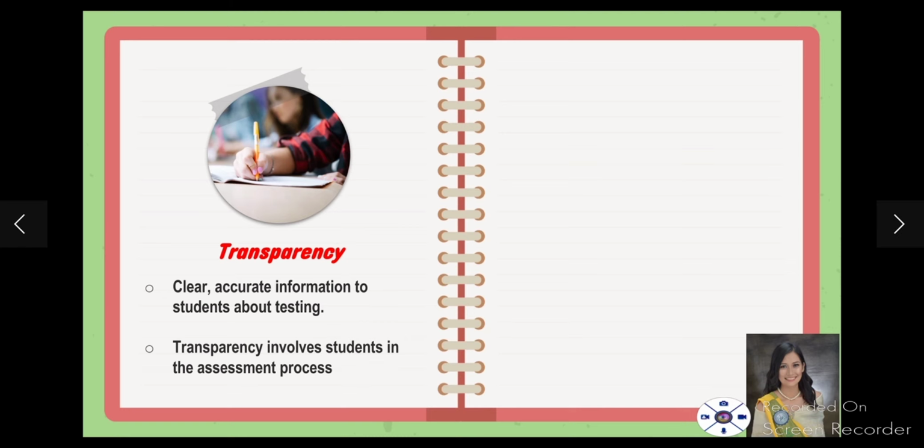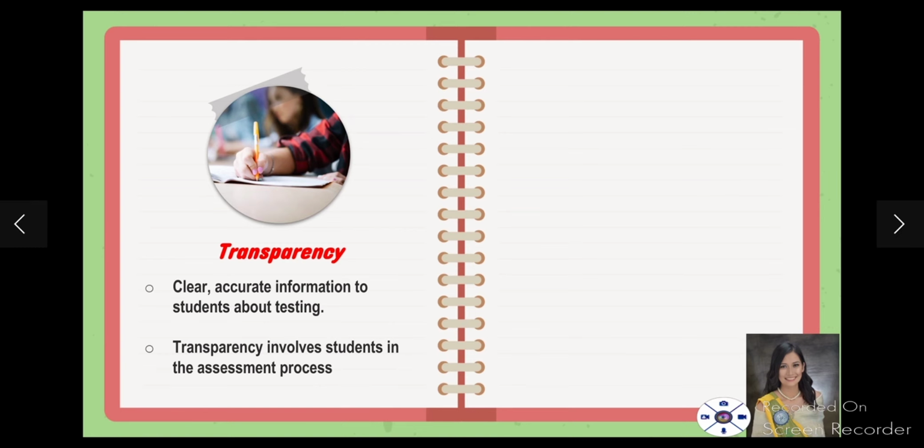And the last one is the grading criteria. So to be accurate and clear in a test item, we need to be transparent. We need to see those things that we need to prepare for our test items.